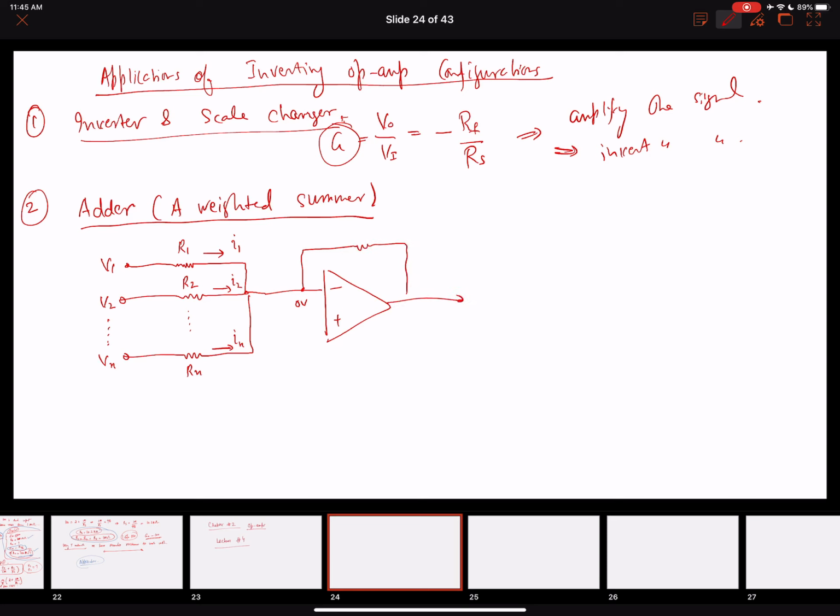And then we have a feedback resistor here, RF, and this is output voltage.